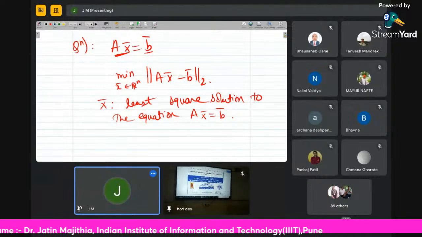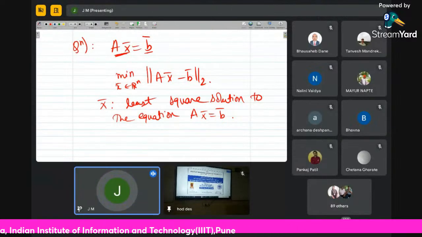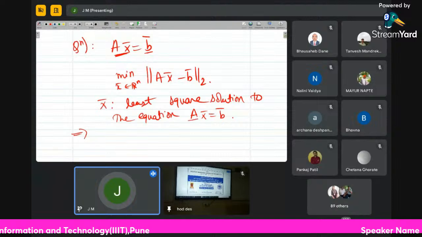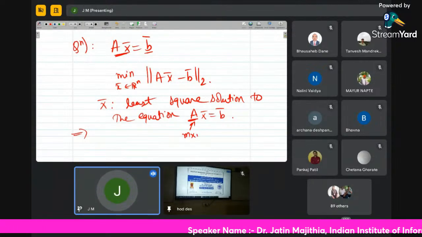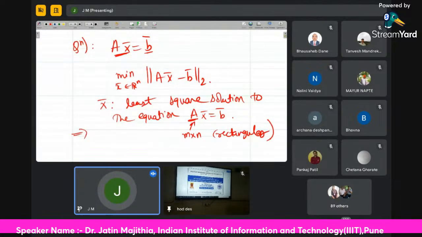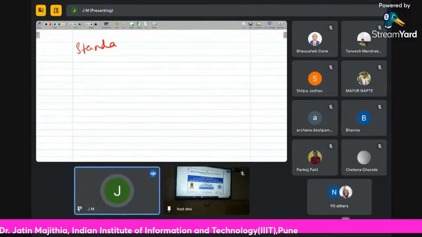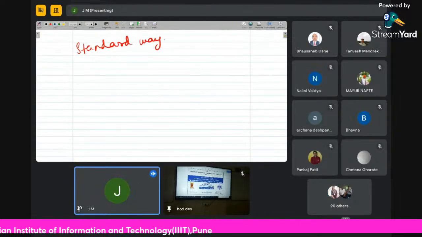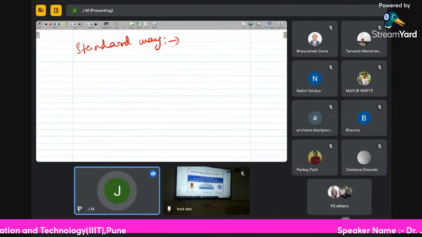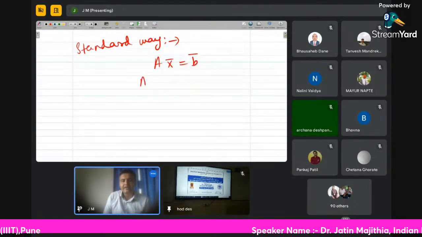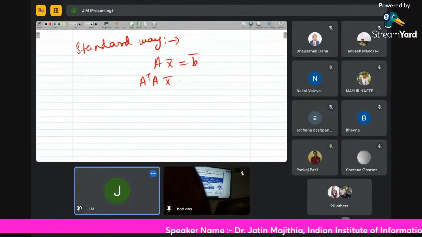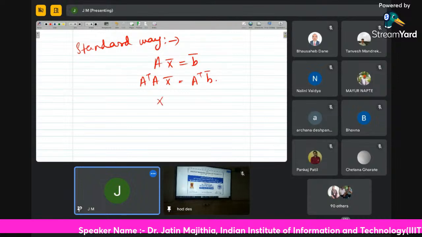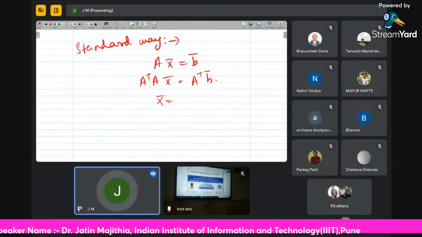So how? That's where the concept of pseudo inverse comes in. See, this is not a square matrix. This is a rectangular matrix. One standard way that people usually study is by taking the transpose. You have AX bar equal to B bar. You take the transpose on both sides, and now A transpose A is a square matrix.